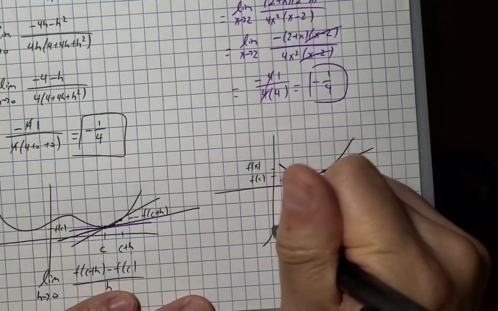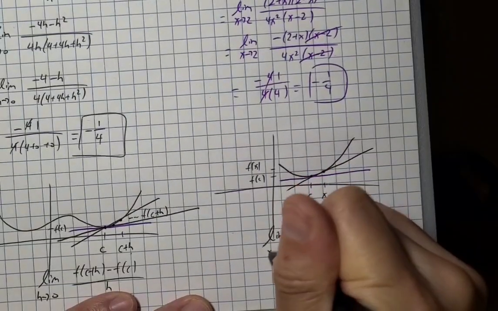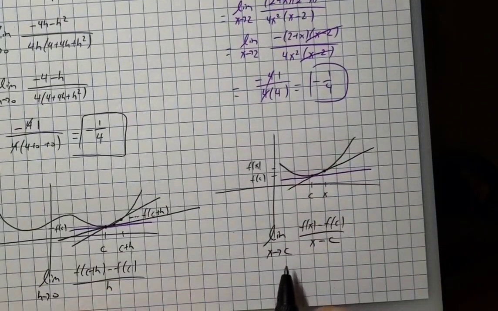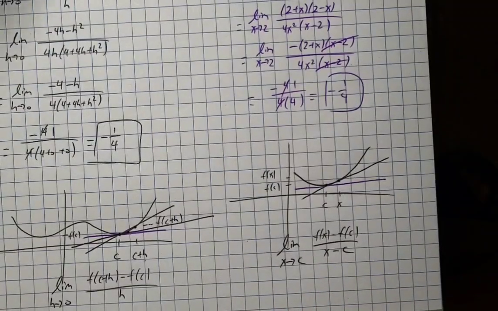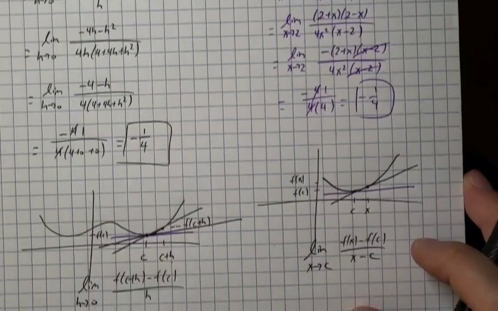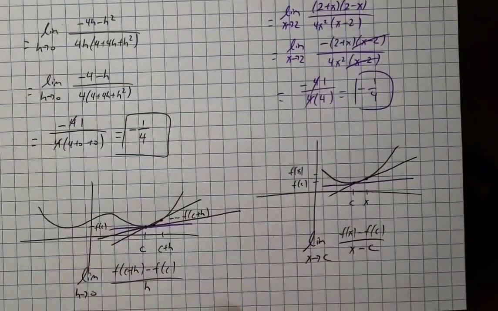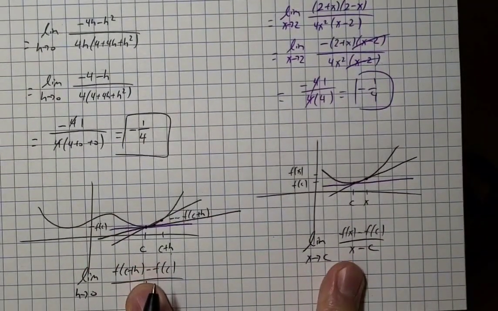So we take the limit as X approaches C. Exact same as this. So you just define the point a little differently. Again, this is the twin analogy that I tried to use. Exact same DNA, exact same concept, but they look a little different in the formula.